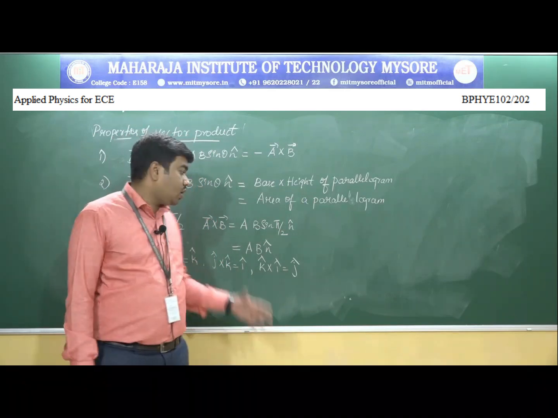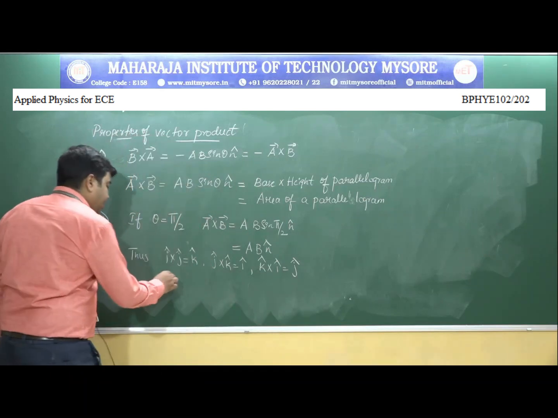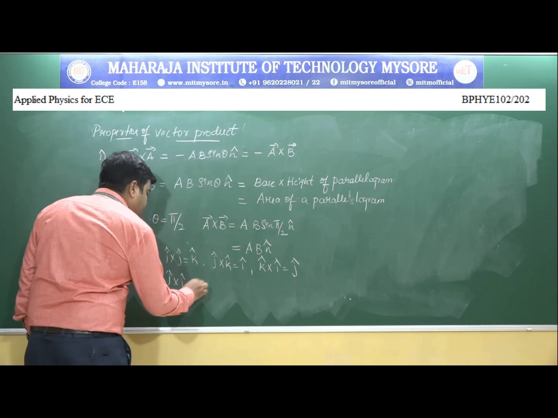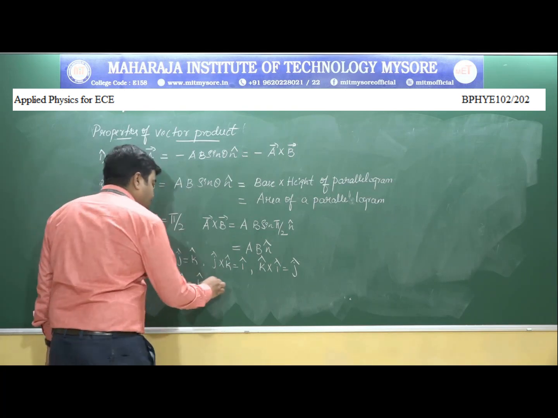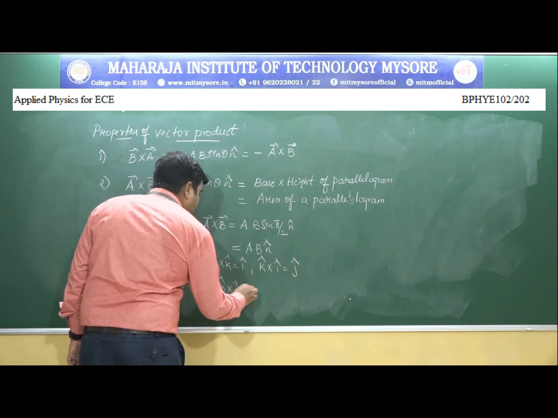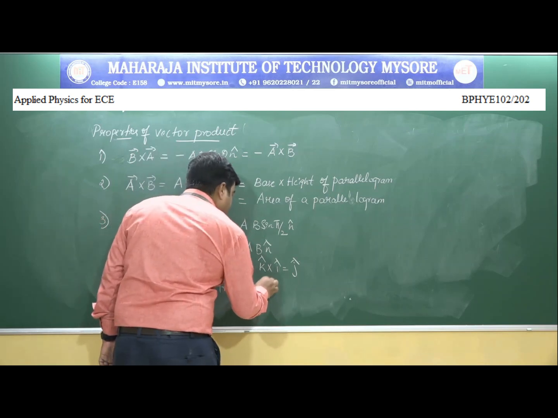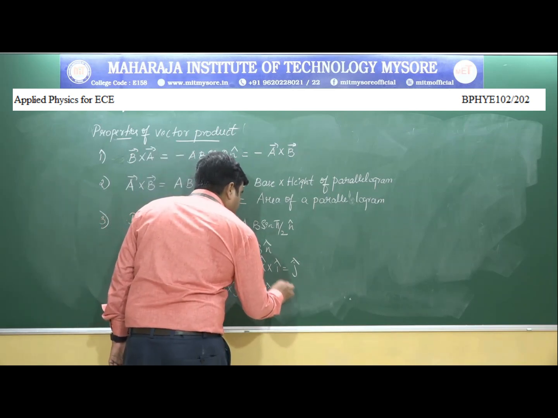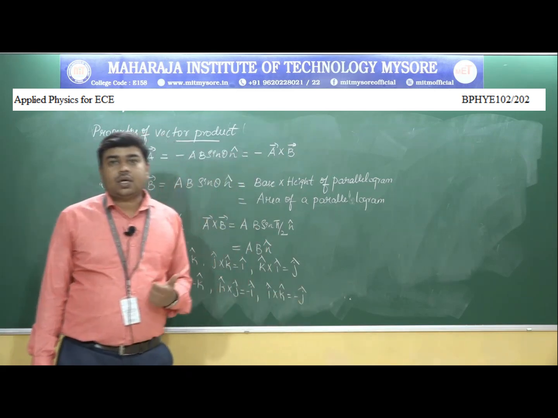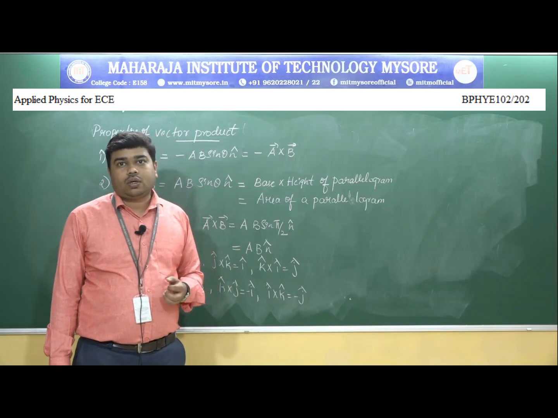What if it rotates in the clockwise direction? Then we can write j cap cross i cap is equal to minus k cap, k cap cross j cap is equal to minus i cap, i cap cross k cap is equal to minus j cap. Okay. So these are some of the properties of the vector product of any two vectors.